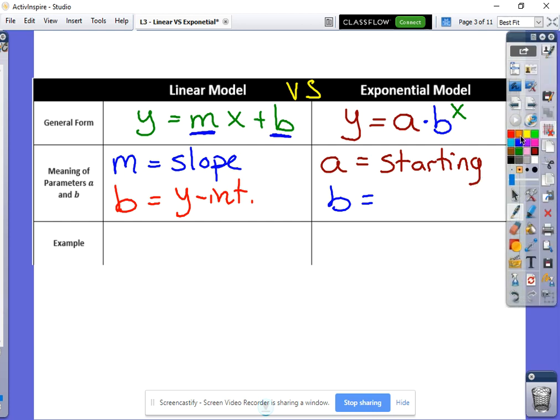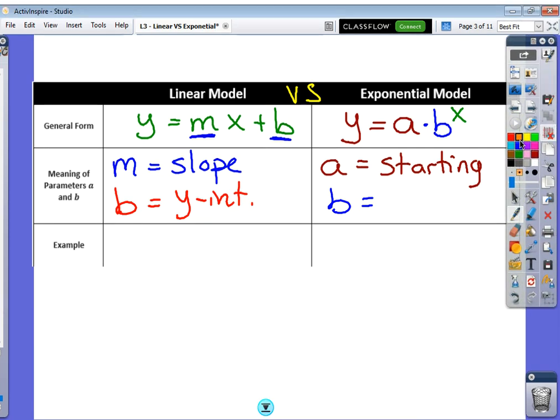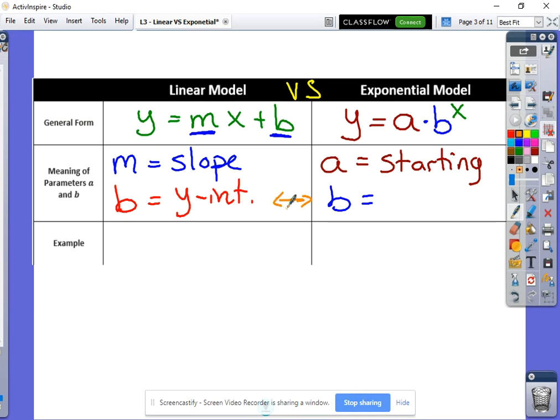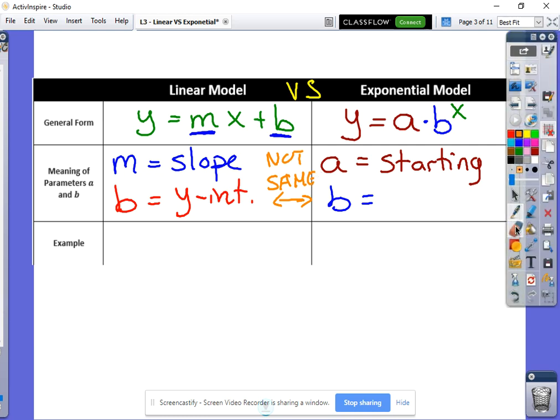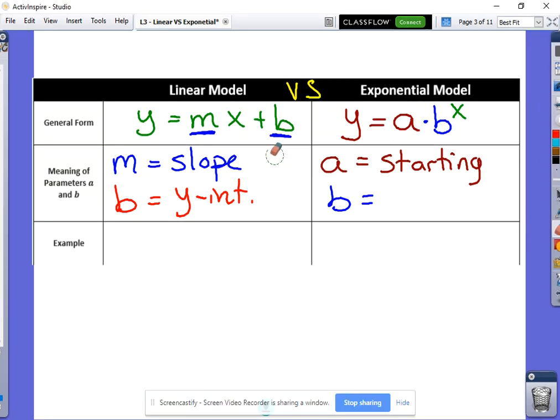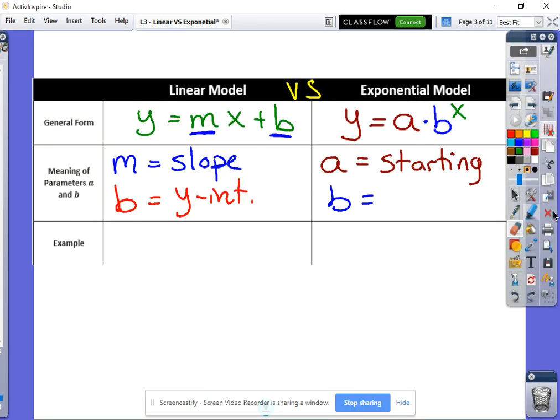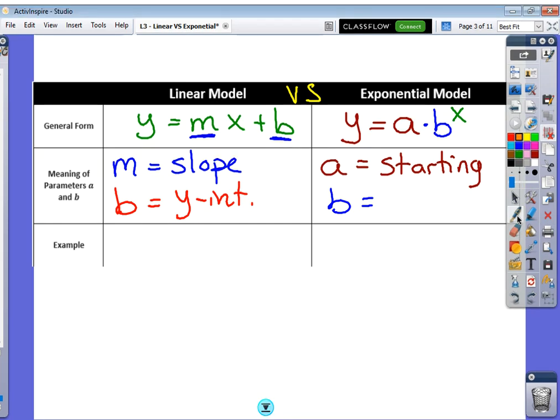Then the b, and let me say this very carefully. These two b's are not the same. I know that they're the same letter, but they are not the same b. They represent very, very different things. So please be careful with that. The b value in linear is not the same as the b value in exponential. So what is the b value in exponential?